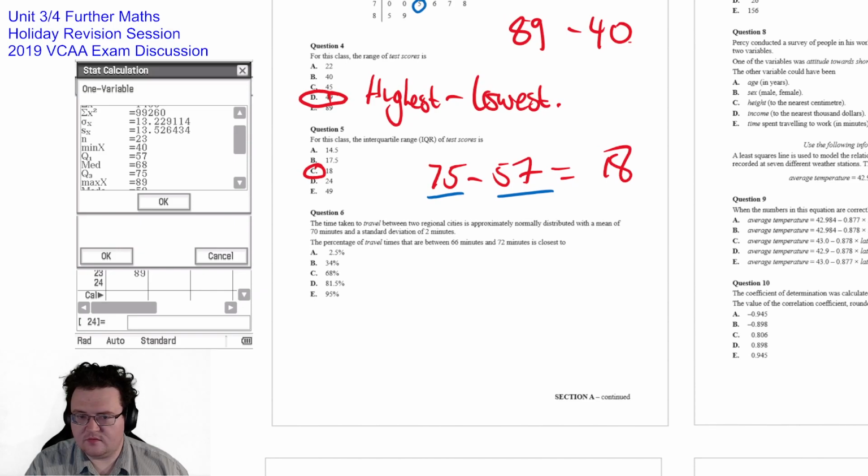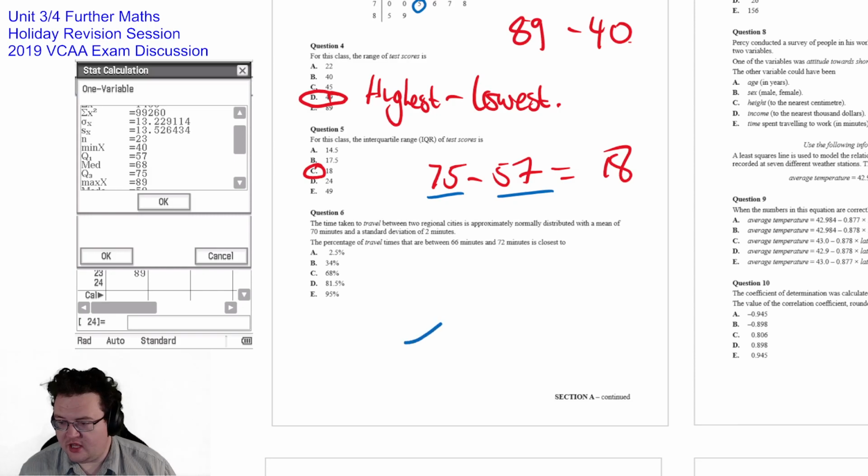The time taken to travel between two regional cities is approximately normally distributed with a mean of 70 and a standard deviation of 2. All right, so this is a standard deviation question, which means that we are working with this lovely shape here.